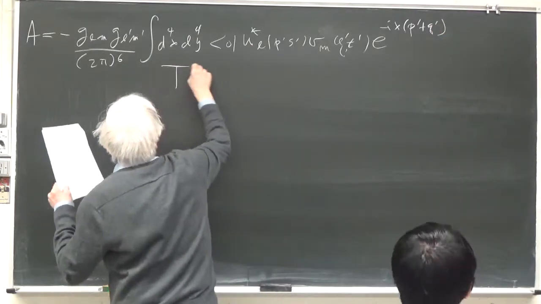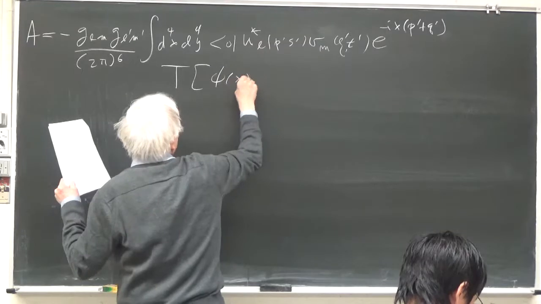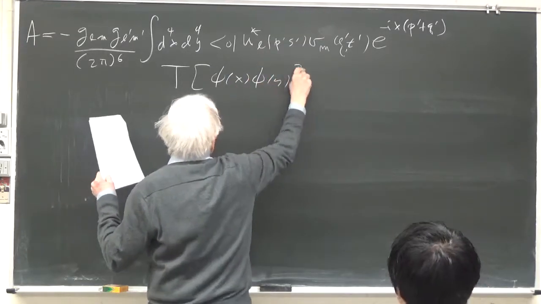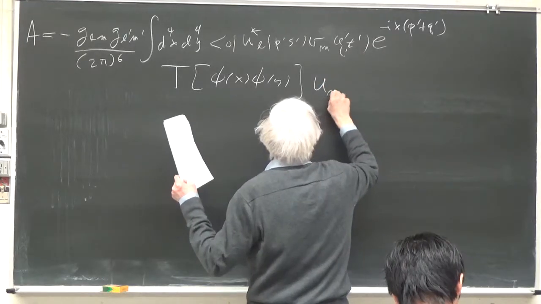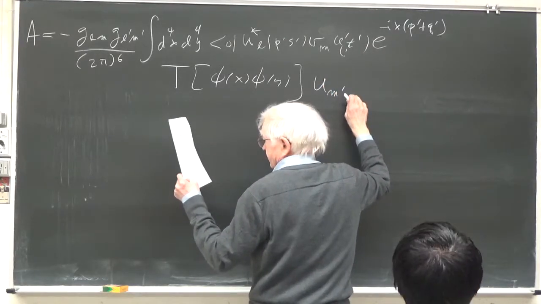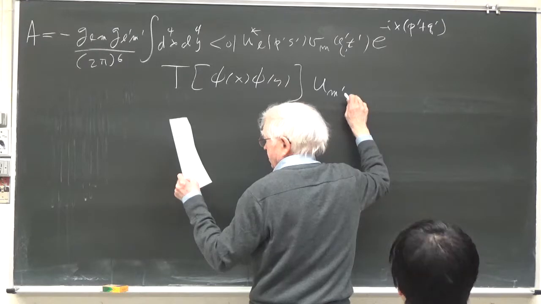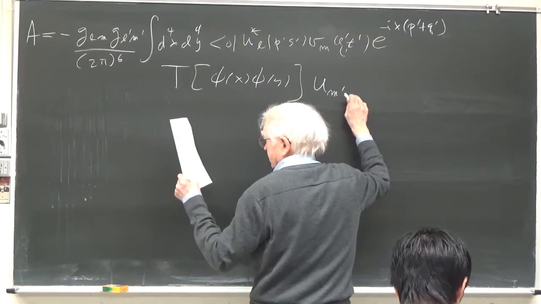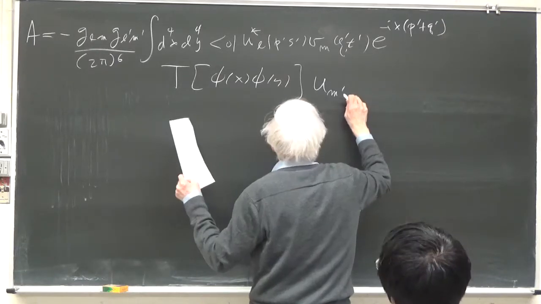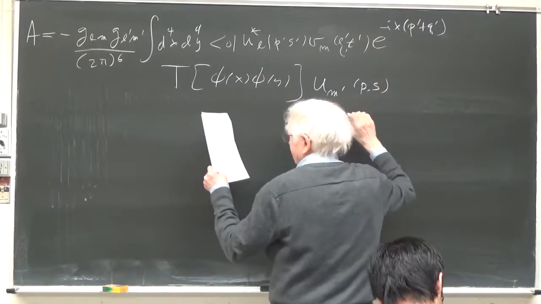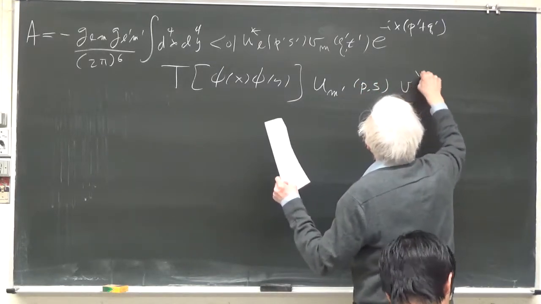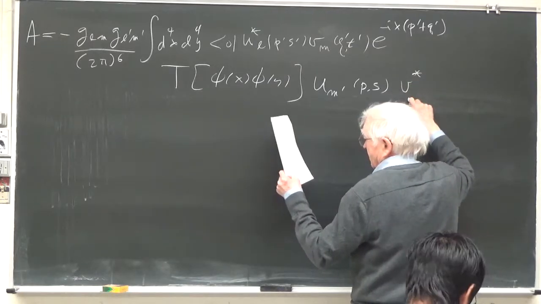We're then left with the time ordered product of phi of x, phi of y, the scalar particles. And then we have u M prime of P and S, the incoming fermion and the incoming antifermion.